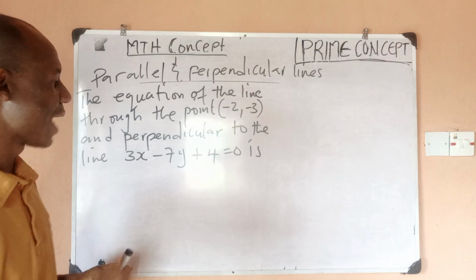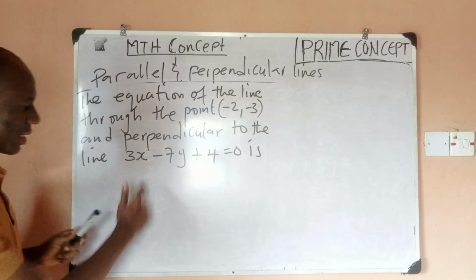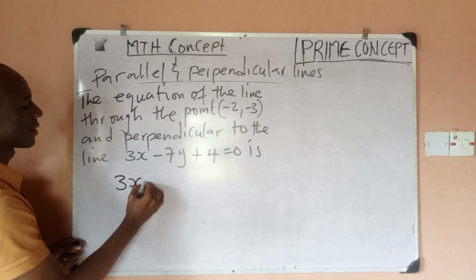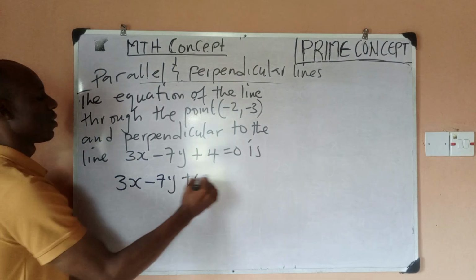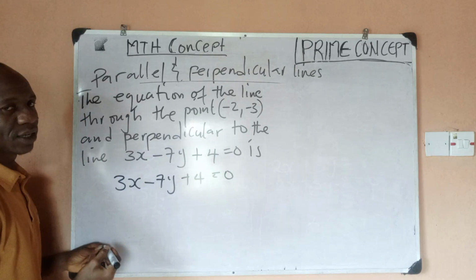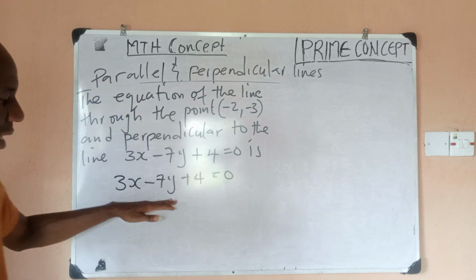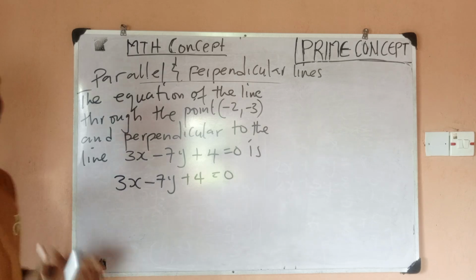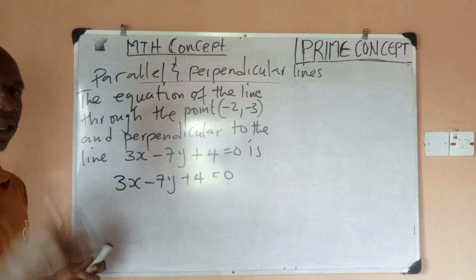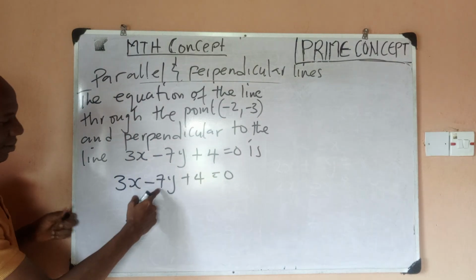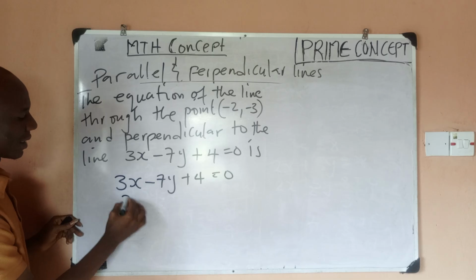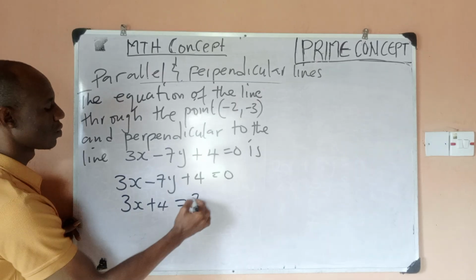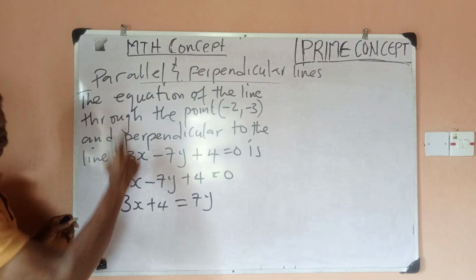So we are simply going to start by writing out the equation of the line given to us, which is 3x minus 7y plus 4 equal to 0. So I'm going to make y the subject formula here. If I make y the subject, I can now compare it to the standard to get the slope. So I have that 3x plus 4 would be equal to 7y when this crosses, right?